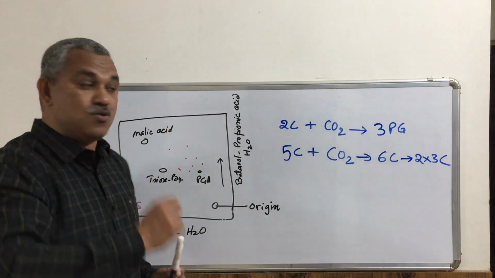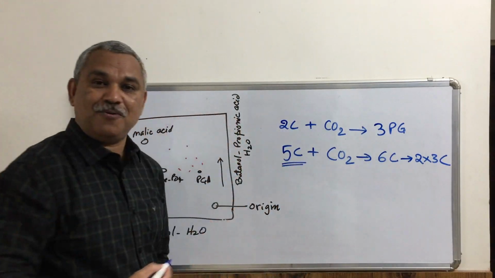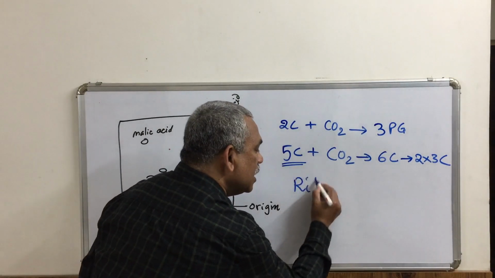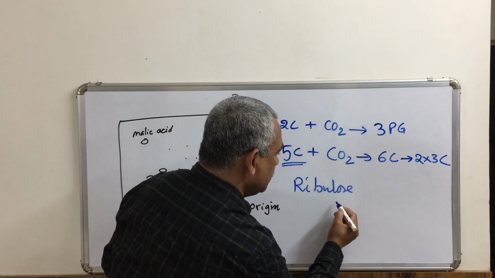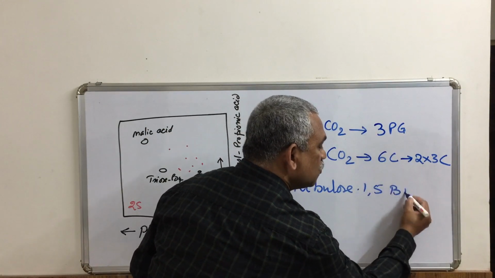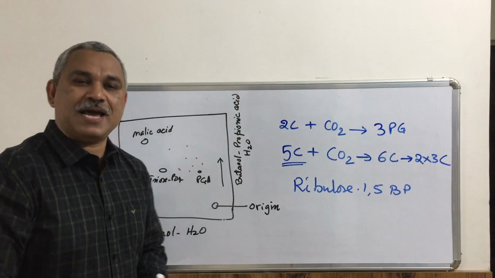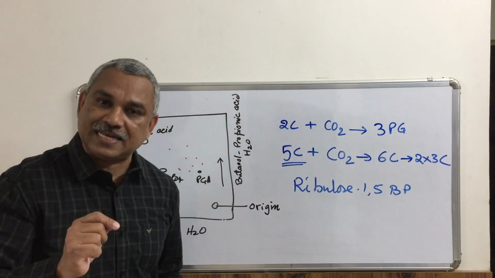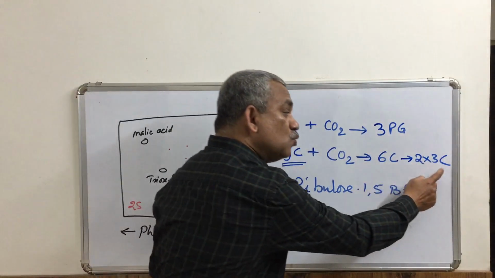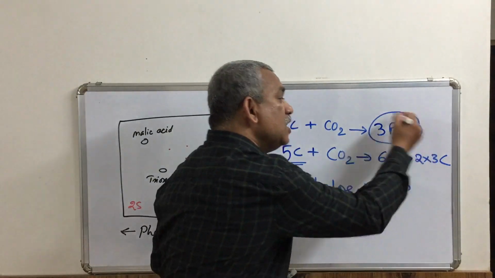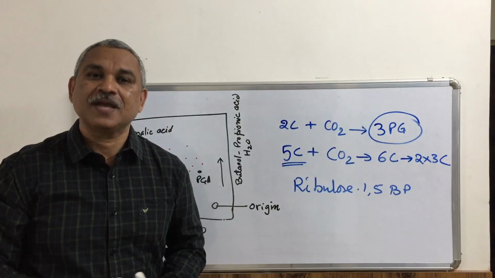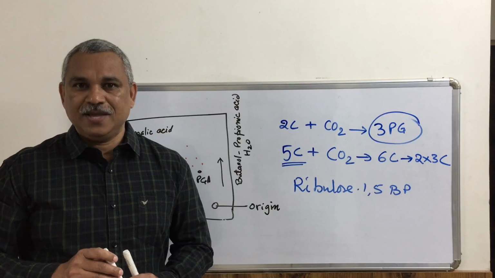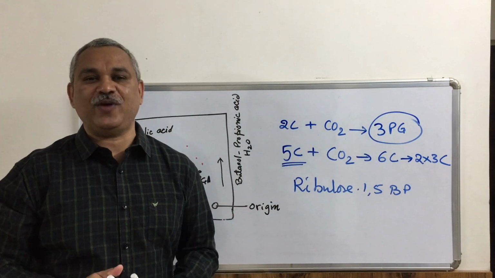This is how they began looking for a 5-carbon compound and came across a molecule known as ribulose 1,5-bisphosphate. Today we know that carbon dioxide is attached to ribulose 1,5-bisphosphate, which splits into two 3-carbon compounds, namely 3-phosphoglycerate. This is the carboxylation reaction of fixation. Now they elucidated the entire pathway.